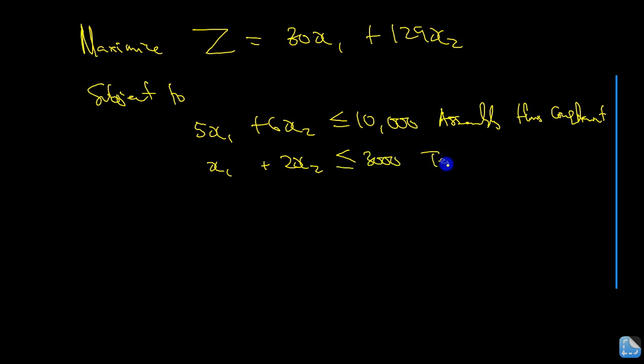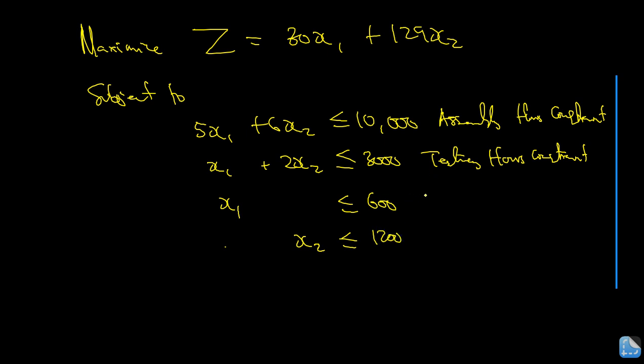These were testing hours constraint, and then the last thing was our x1 here, which was less than or equal to 600, and our x2, which was less than or equal to 1200.